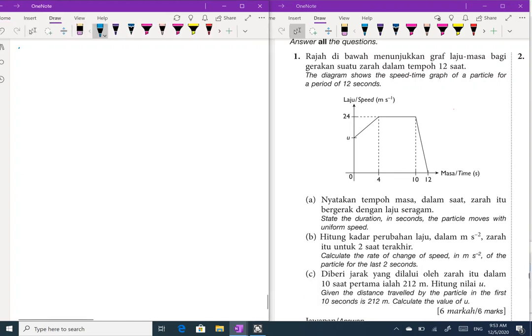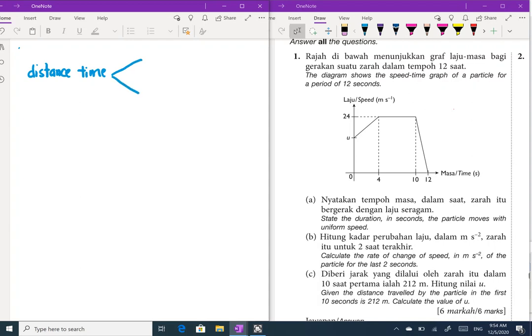Okay, we have learned two graphs. The first graph that we have learned is the distance time graph. So in the distance time graph, we know that if we want to find the speed, that means we will use the gradient.